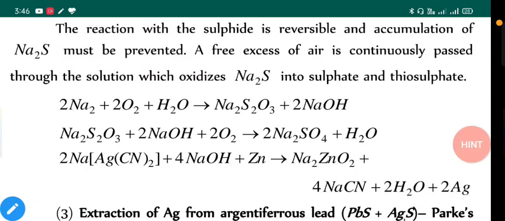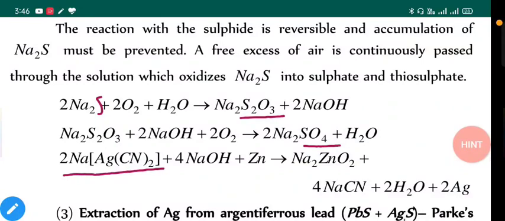Sodium sulfide, when it reacts with oxygen and water, forms Na2S2O3. That means we have sulfur here, Na2S, so it forms Na2S2O3. This Na2S2O3, when it reacts with NaOH in the presence of oxygen, forms Na2SO4. That means thiosulfate and sulfate ions.